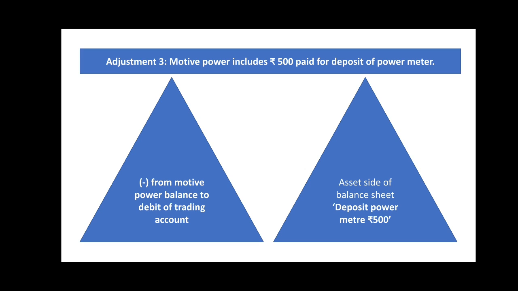The third adjustment is about motive power, which included 500 rupees paid for the deposit of the power meter. So, this is a deposit paid. Motive power we wrote in the trading account, so we will deduct this 500 from the trading account's motive power balance, and this 500 is nothing but an asset as it is a deposit. So, asset side of balance sheet, deposit for power meter 500 rupees.